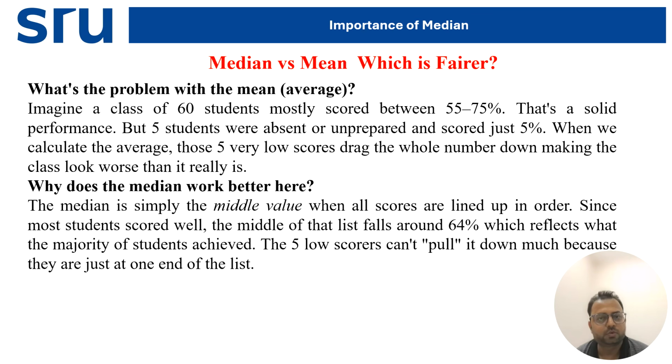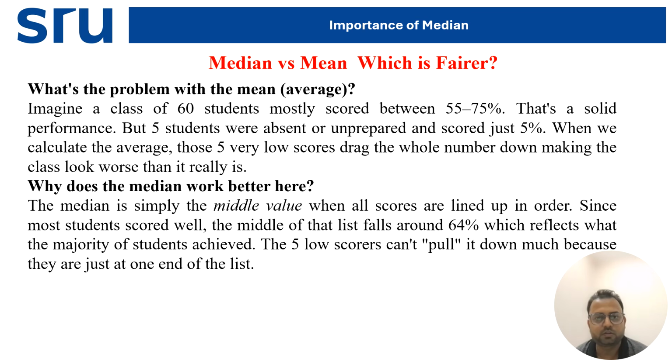Since most students scored well, the middle value falls around 64%, which truly represents the typical student's performance. The few low scores are at the extreme end, so they did not affect the median much. The median gives a more accurate and fair picture of class performance, while the mean can sometimes be misleading.